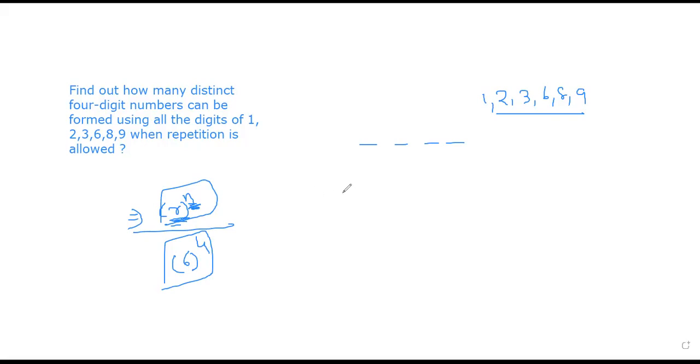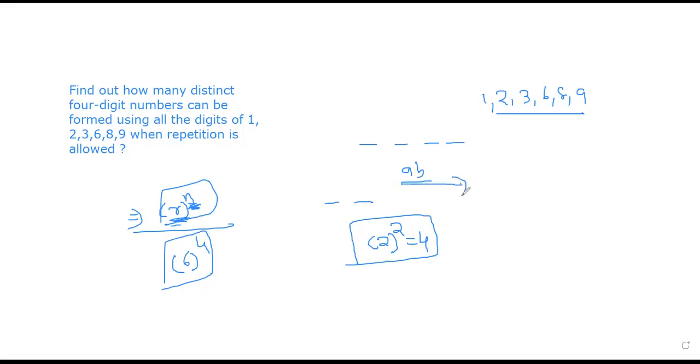Okay, students. So suppose two positions are there. In this one, A and B you have to fill. When repetition is allowed, 2 letters you have to fill in 2 positions. What is the answer? 2 power 2, nothing but 4 is the answer.